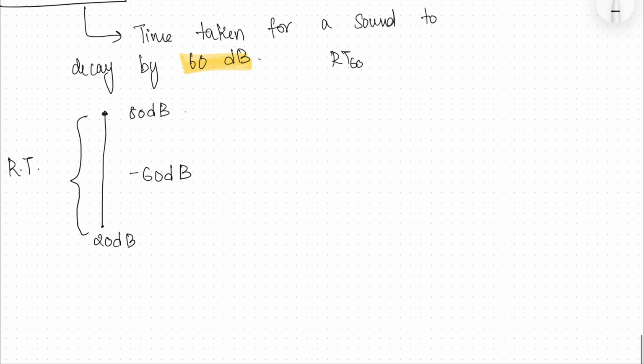Now I'm going to draw a graph to show you that. Let us say this is time and this is your sound level, and you have a steady sound, and the sound stops here and the sound decays. This is your background noise.